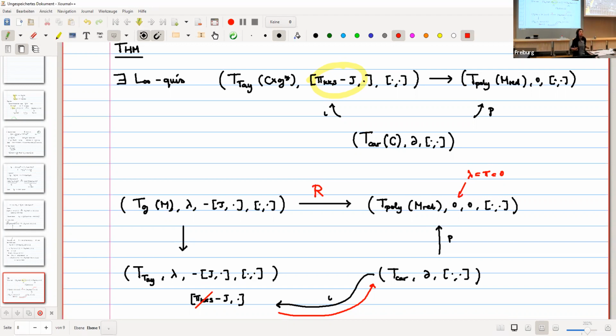I don't know, to be honest, because you really need this technology of proper and free. So I don't know if this generalization actually works. And I'm not sure you can actually use the same idea of the Taylor expansion. This sounds complicated. We can try, but it sounds complicated because we made heavy use of the fact that you have this kind of well-behaving action. So this, I don't know.